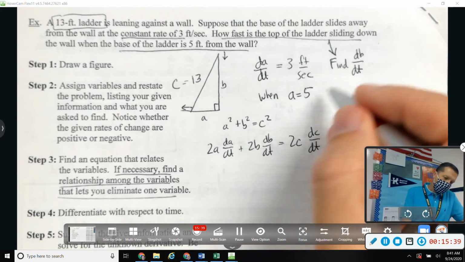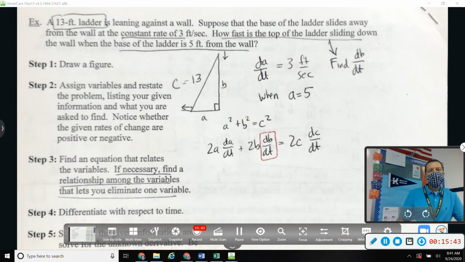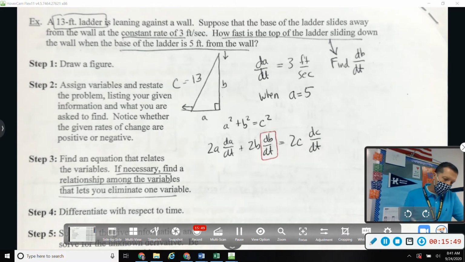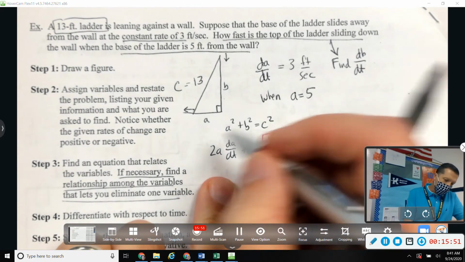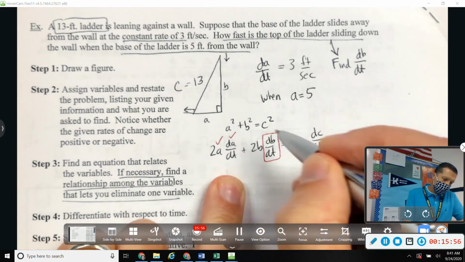All right, we're trying to find dB/dt, which means we better know everything else. So let's see if we know everybody else. A is 5, we know that. dA/dt, we know that.